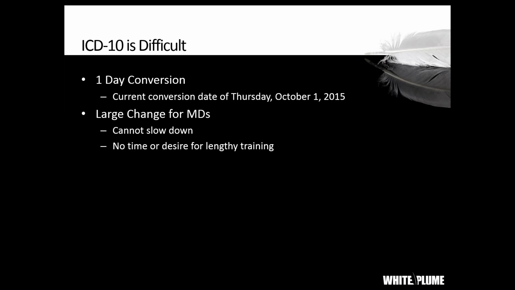They were Medicare, Medicaid specific, and they were gradual. And ICD-10 is none of those. ICD-10 has so much at stake because it's a one-day conversion. It's not just Medicare and Medicaid, it's all of your payers. There's no incentive dollar to earn. It is no carrot and all stick.